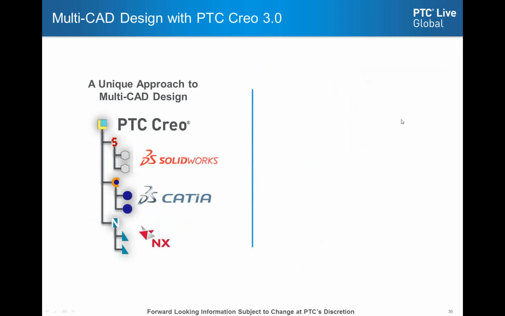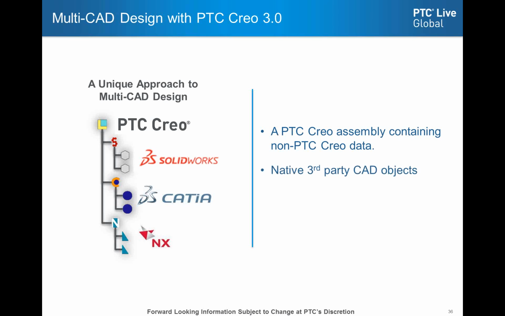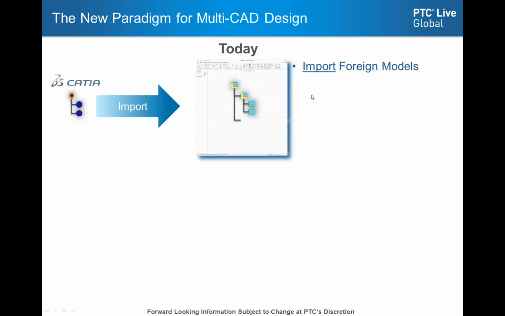So if we take a look at the multi-CAD design and what we've got inside Creo 3, multi-CAD design in Creo 3 is going to allow you the ability to have a Creo assembly that contains non-PTC Creo data. So if we take a look at what that means, today I can have an assembly and I can import in CATIA data.